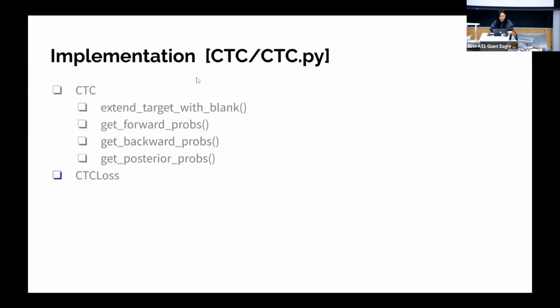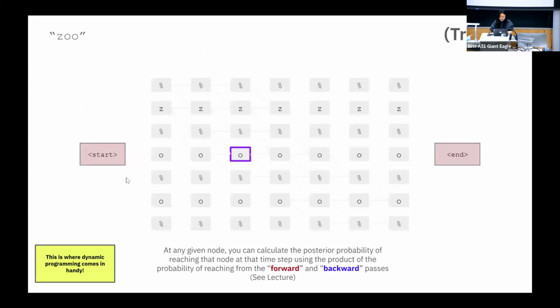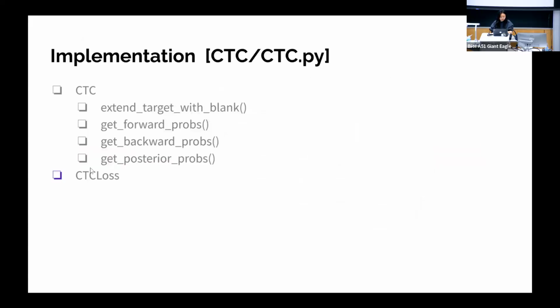But what we really want is to calculate the CTC loss. To calculate the CTC loss, we need the posterior probabilities, and as shown here is the workflow of your homework 3P1, the CTC part, to show you how to implement CTC step by step.